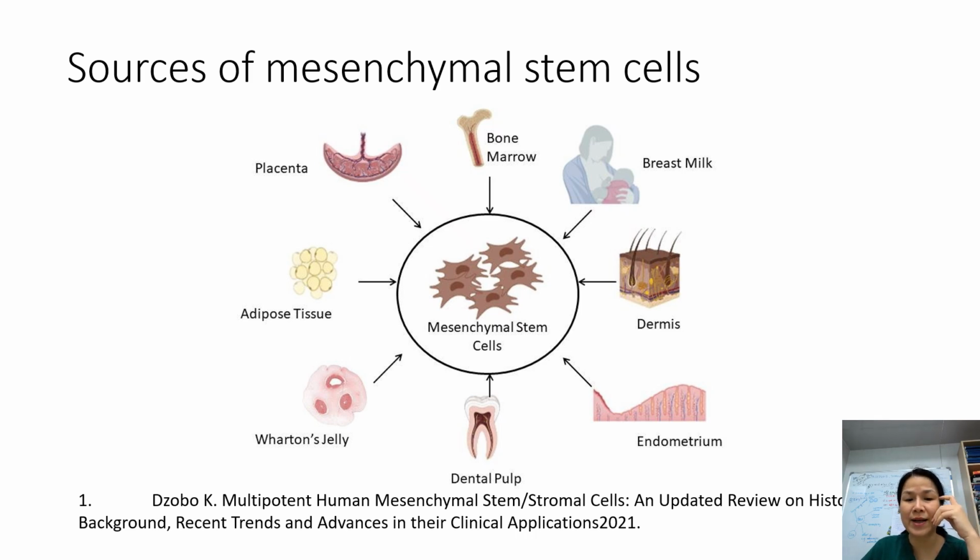We also can find them in the dental pulp. When you throw your teeth away, you actually throw out some very precious stem cells. We also have them in breast milk, in dermis, in endometrium, and in small numbers in some other sources as well.